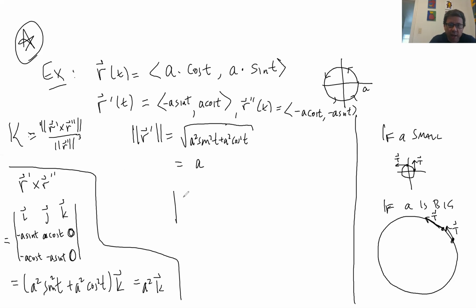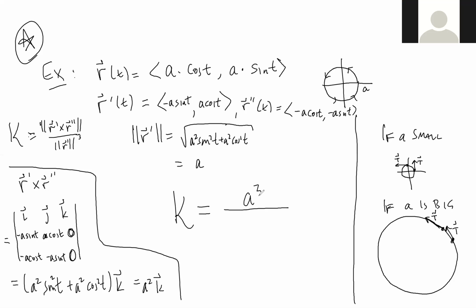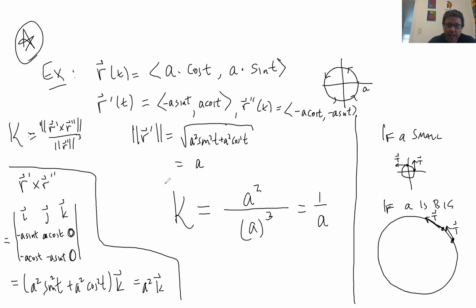If we put this all together, then kappa, which is the length of your vector r prime cross r double prime, will just be a squared. The formula says I just divide that by the length of r prime cubed, a cubed, and I end up with the magic formula 1 over a.